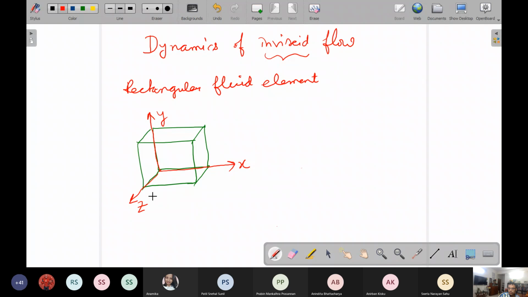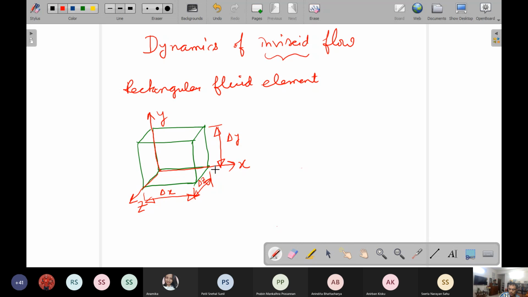And let us put some dimensions along these.